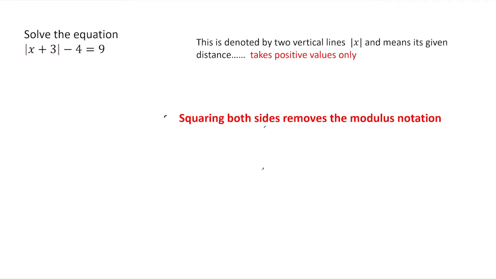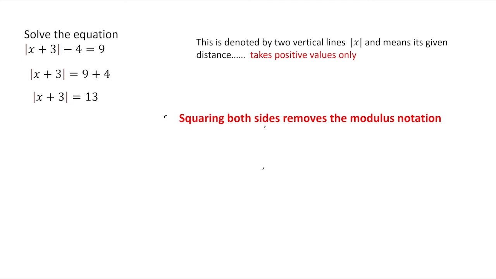Okay, and let's look at the second method that we can use to solve for this value of x. So using the same equation, the absolute value of x plus 3 minus 4 equals 9. Again, we want to isolate our absolute value, which gives us the absolute value of x plus 3 equals 9 plus 4, which gives us the absolute value of x plus 3 equals 13.